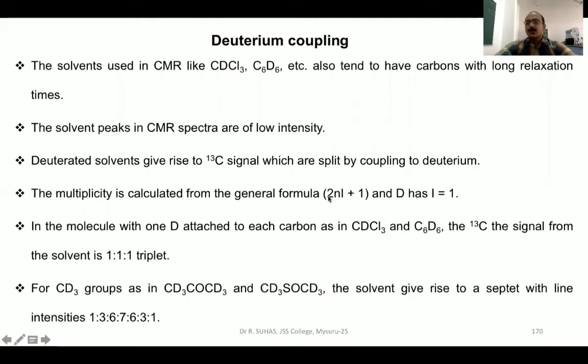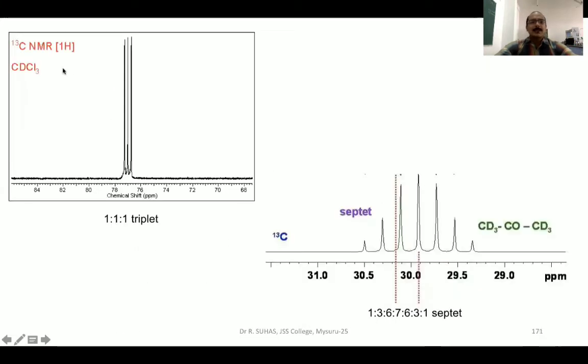So substitute 2 into 3, 6. 6 into 1, I is 1. 6 plus 1 is 7. So it will result in the formation of a septet. So whenever you use deuterated acetone or deuterated DMSO, dimethyl sulfoxide, you will get a septet with the line intensities of 1:3:6:7:6:3:1. We will see what is that here.